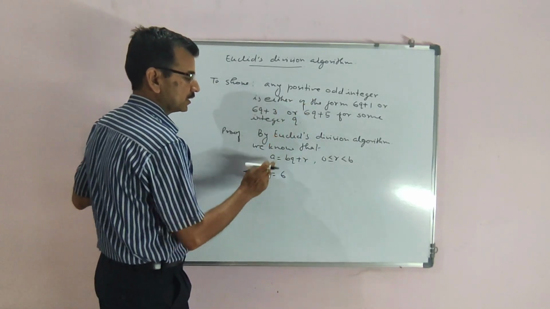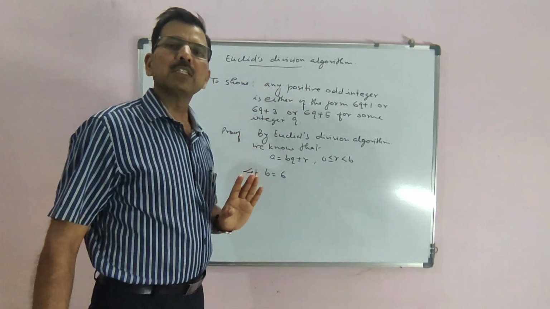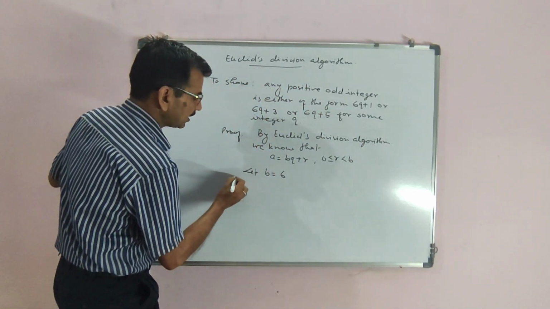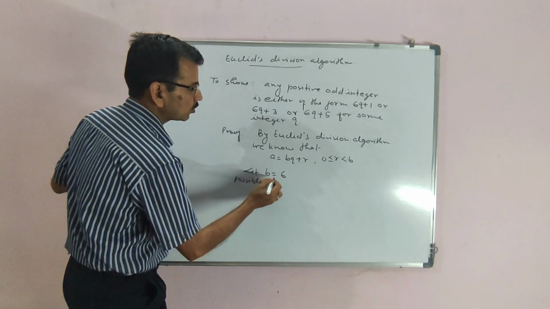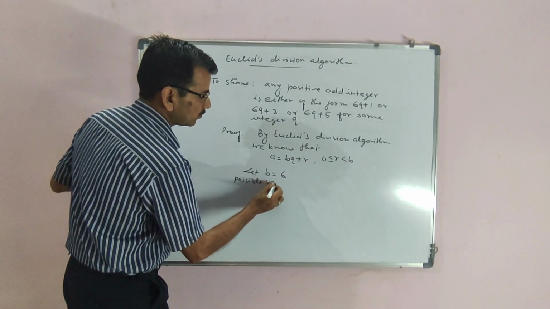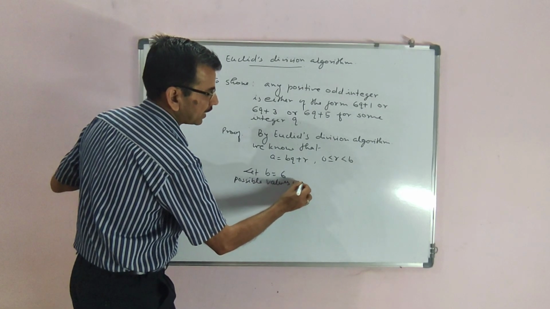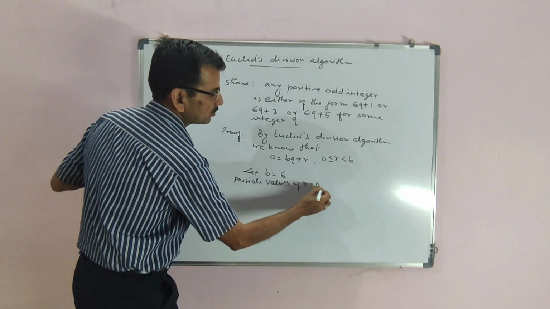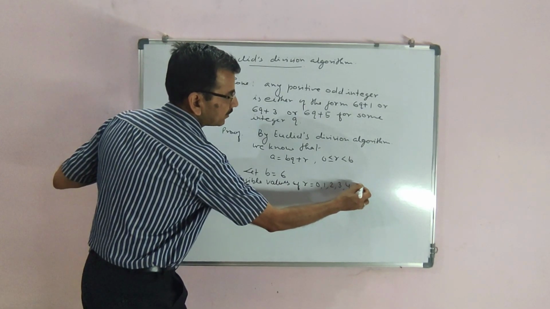Now, seeing this, we have taken b equal to 6. So the possible values of r, because r should be smaller than b, and b is equal to 6, will be 0, 1, 2, 3, 4 and 5.